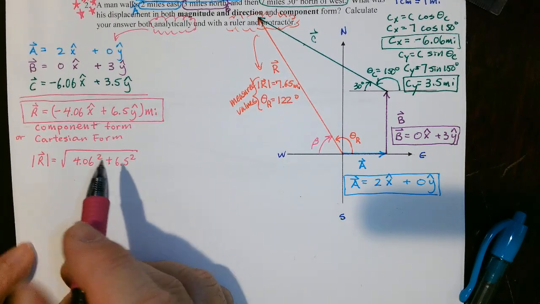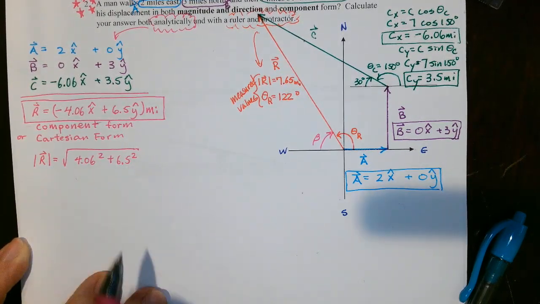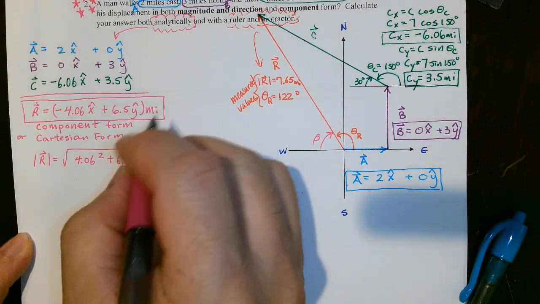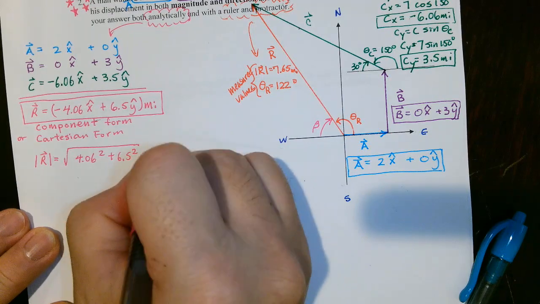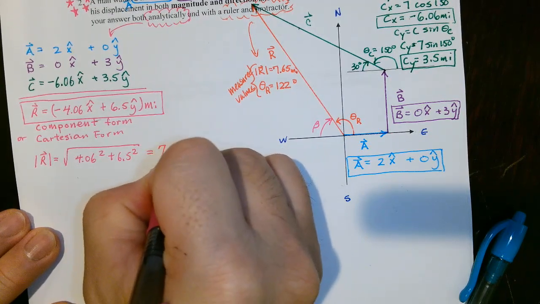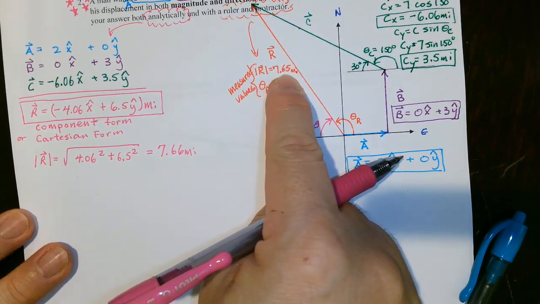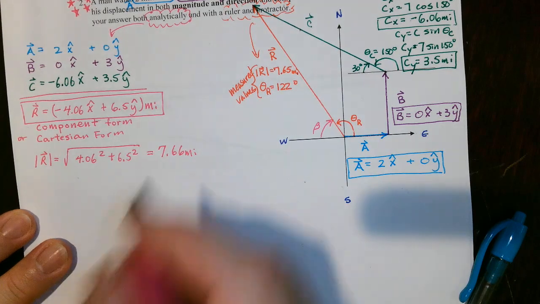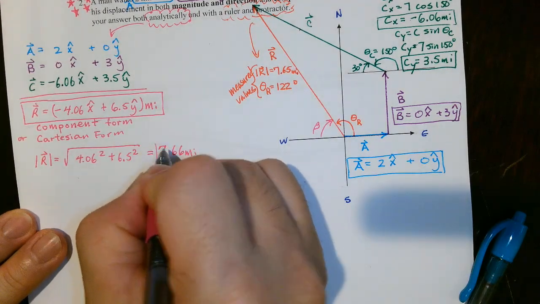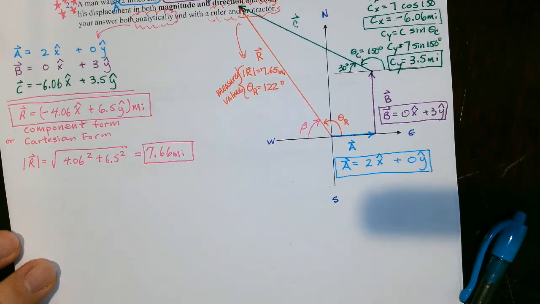You know that's not correct, right? This is the hypotenuse, so it has to be bigger than both of these. If you do that correctly, you get 7.66 miles, which is pretty close. That's less than 0.5% error. So this was really drawn accurately.